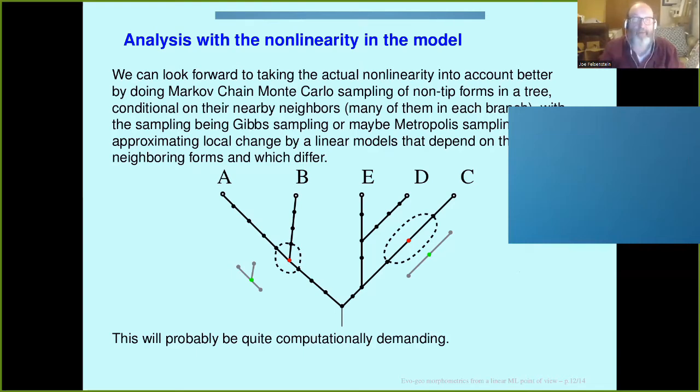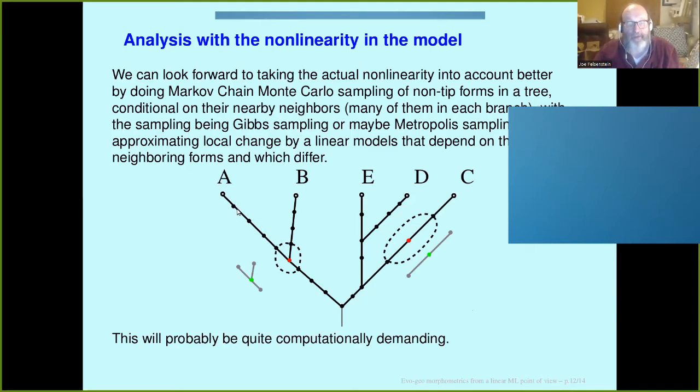So perhaps this isn't a very novel statement, but what I think I would envision in an analysis that I don't yet know all the details of is to say that you could take a tree obtained, say, from molecular data. You could use the nonlinear model that I started talking about before I started talking about approximations.